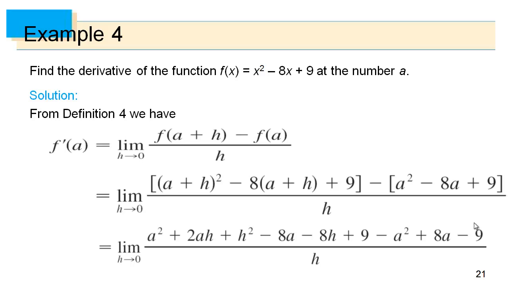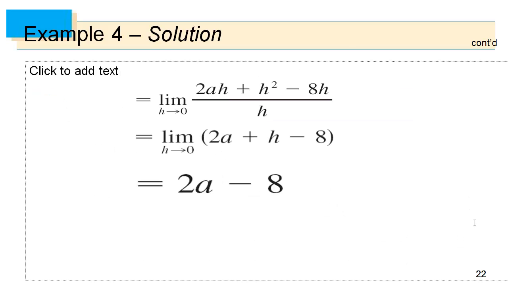That whole thing is just the function evaluated at a plus h. Then you got to go back and evaluate the function at a. Then you got to FOIL out, distribute your minus 8, combine like terms, combine the stuff from the first one to the stuff from the second one, cancel out stuff, and all of a sudden you're left with just this.